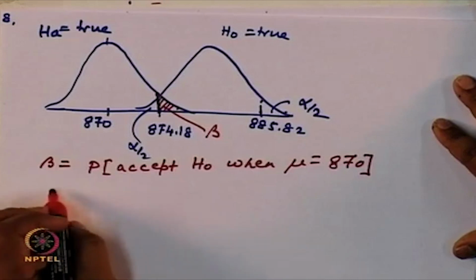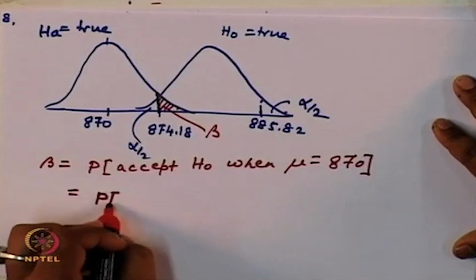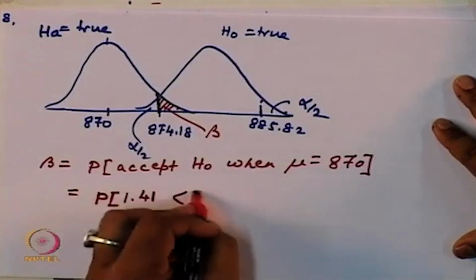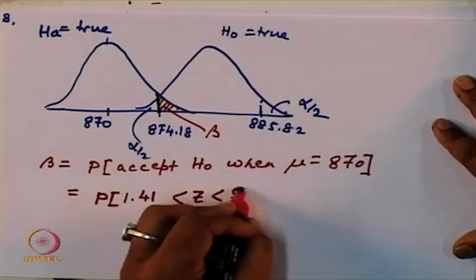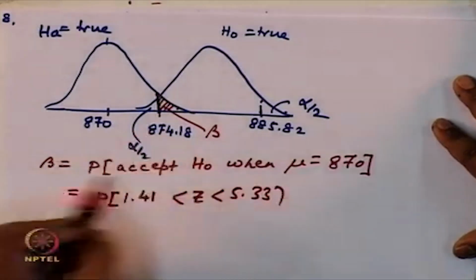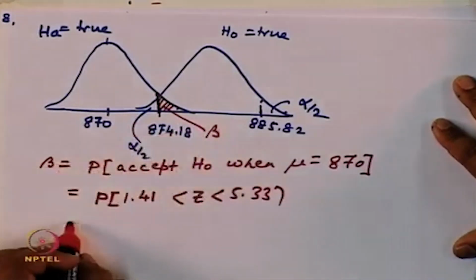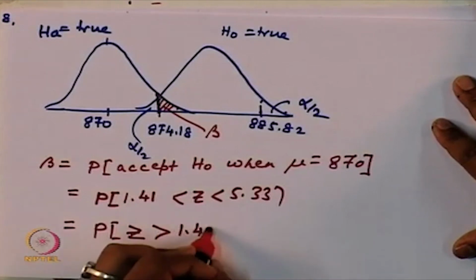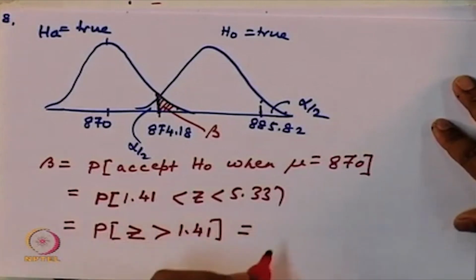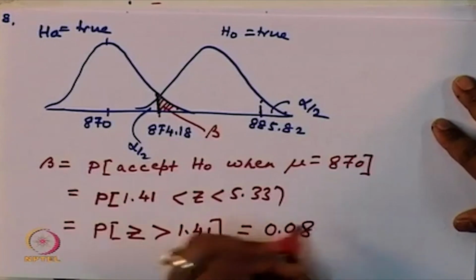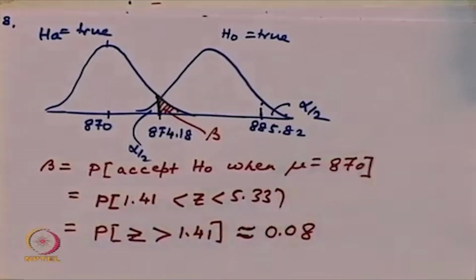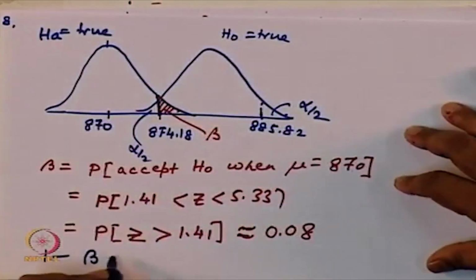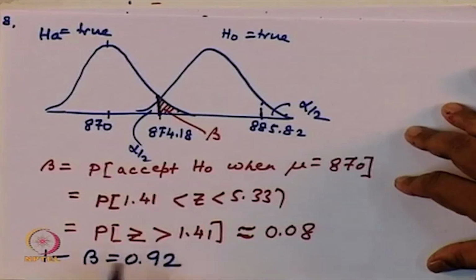So my beta is equal to the probability of 1.41 less than Z less than 5.33. Now 5.33 is way too far from here, so for all practical purposes I can write the probability of Z greater than 1.41, and this probability comes out to be roughly 0.08. Then 1 minus beta is 0.92.